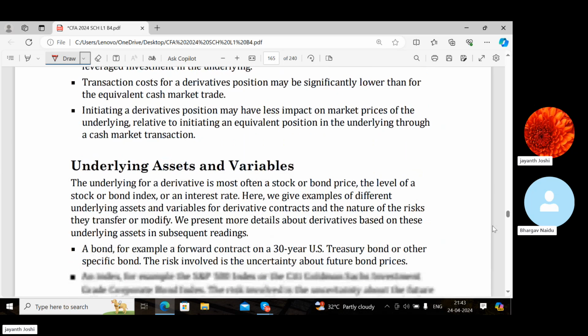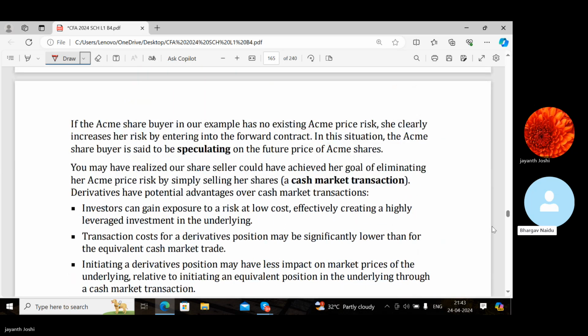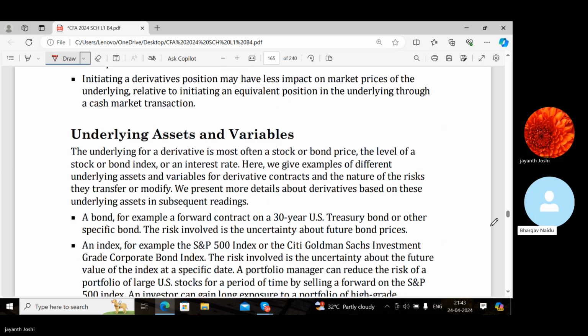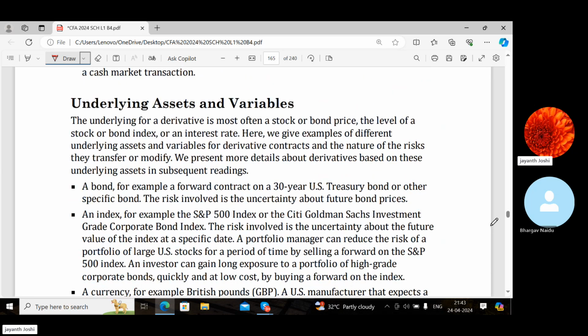Okay, so these are all the points I have explained to you. Yeah, underlying assets and variables. Underlying for a derivative is most often a stock or bond price, but not only restricted to this.